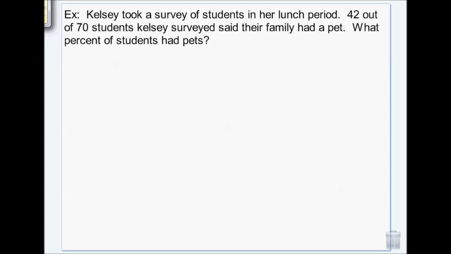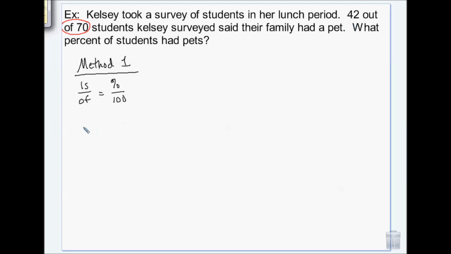Okay, so Kelsey took a survey of students in her lunch period. 42 out of 70 students Kelsey surveyed said their family had a pet. So what percent has pets? Method 1 can use that percent proportion. So we'll use is over of is equal to percent over 100. Of is 70. So that makes 42 is.